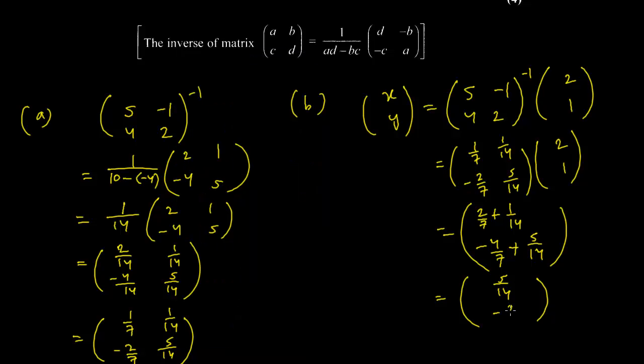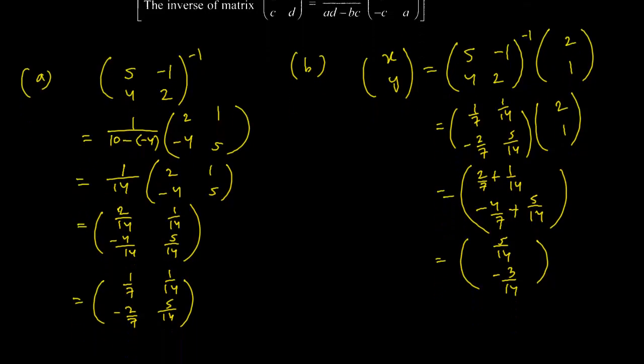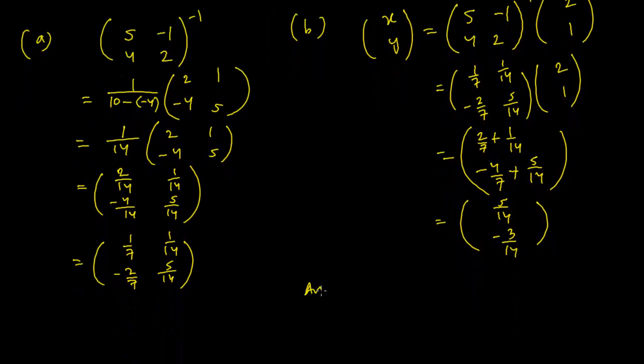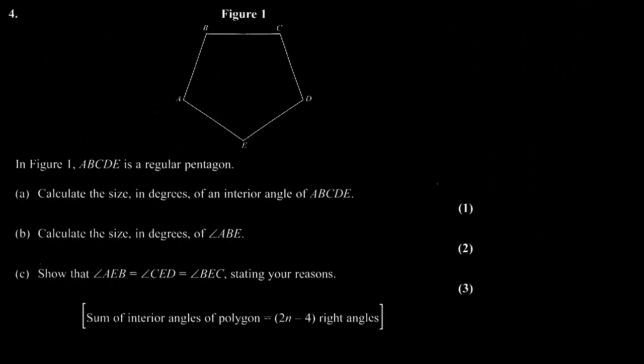That would be minus 3 by 14. So minus 3 by 14. That makes the first row the value of x and the second row the value of y. So you can write the answer: x equals 5 by 14, y equals minus 3 by 14.